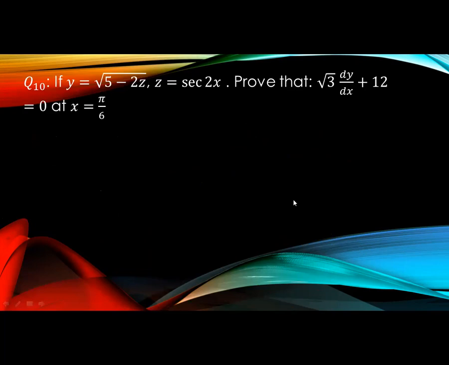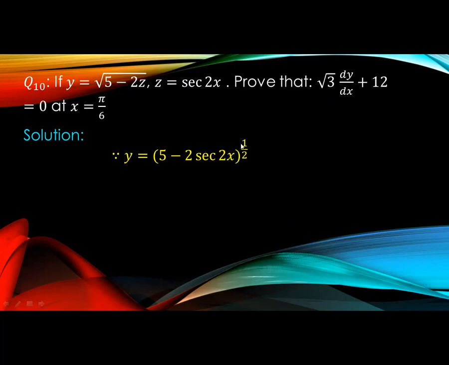Exercise number 10. If y equals root of (5 minus 2z) and z equals sec 2x, prove that root 3 dy by dx plus 12 equals 0 at x equals pi over 6. First, we can rewrite y in the form y equals root of (5 minus 2, substituting z by its value, sec 2x) all to the power half.